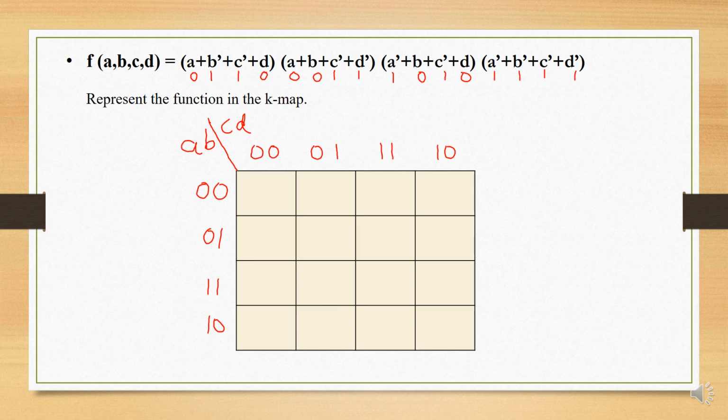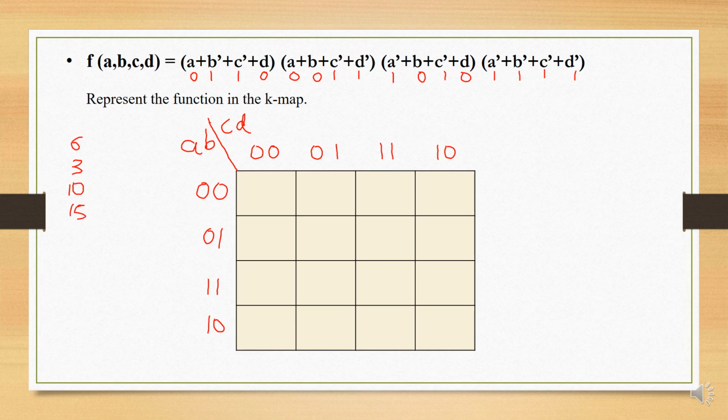The first max term, 0, 1, 1, 0, gives cell number 6, the second max term is cell number 3, the third max term gives cell number 10, and the last max term gives cell number 15.